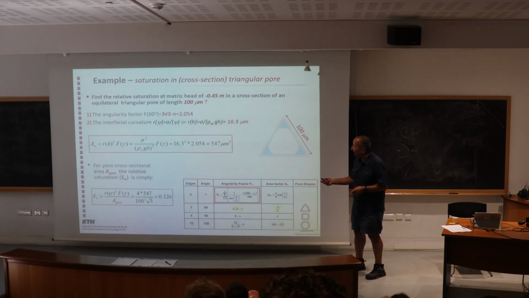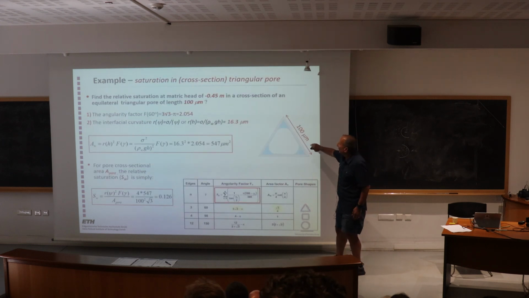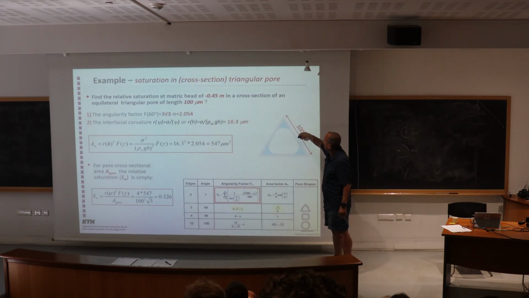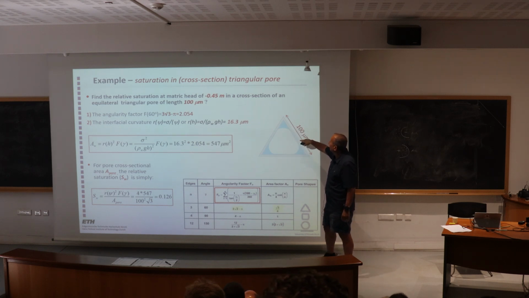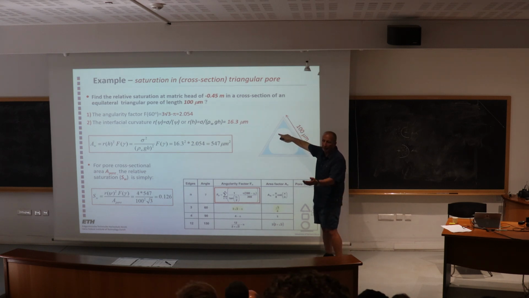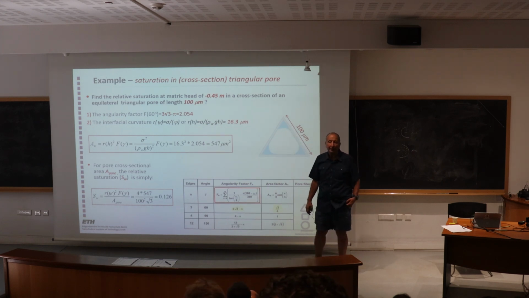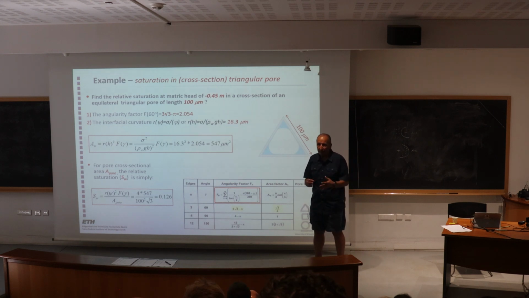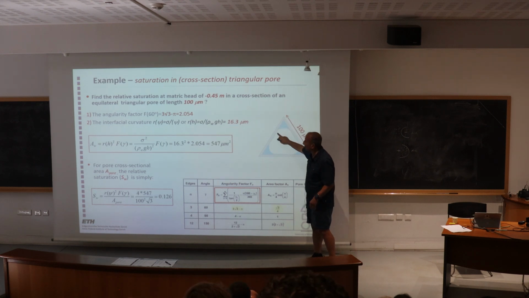Let me show you an example here. This is an equilateral triangle pore with a side length of 100 microns. I give you a matric head of minus 0.45 meters, that's half a meter of suction, so it will have a particular curvature.